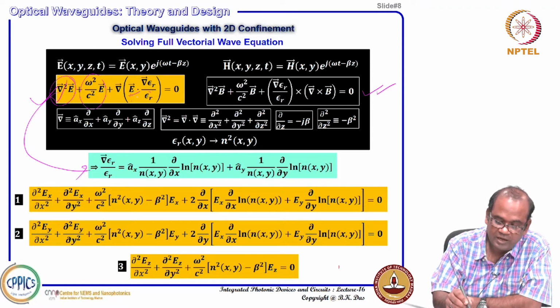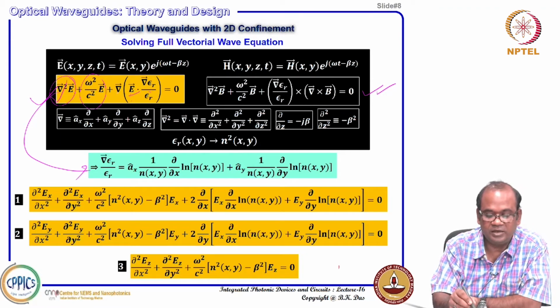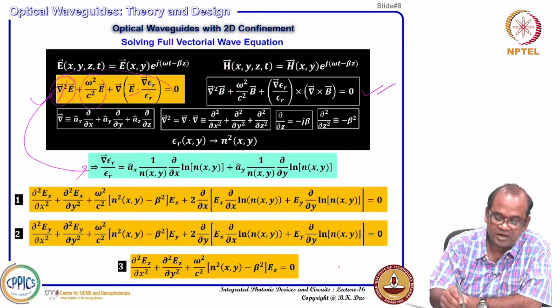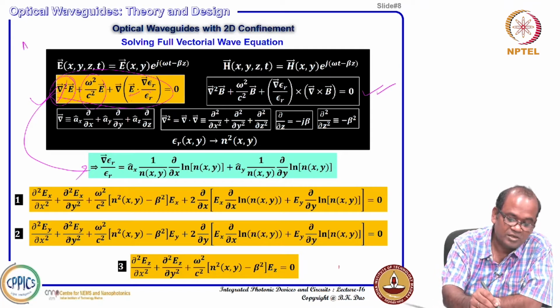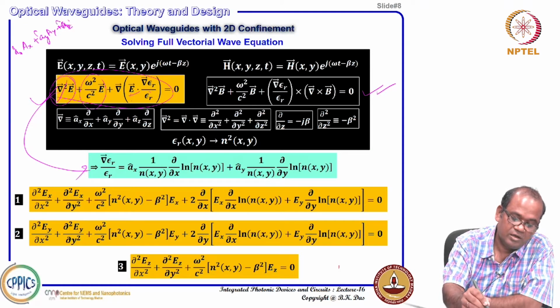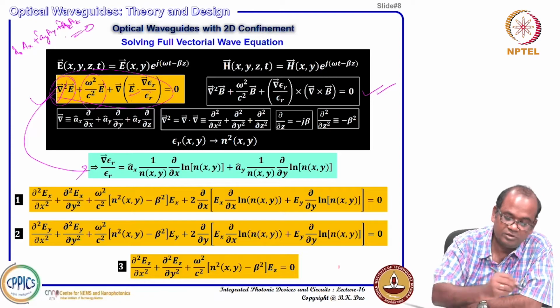When you take the gradient of a scalar again, that is a vector again. So this vector I can consider as something like ax, ay, az, that is actually equal to 0.